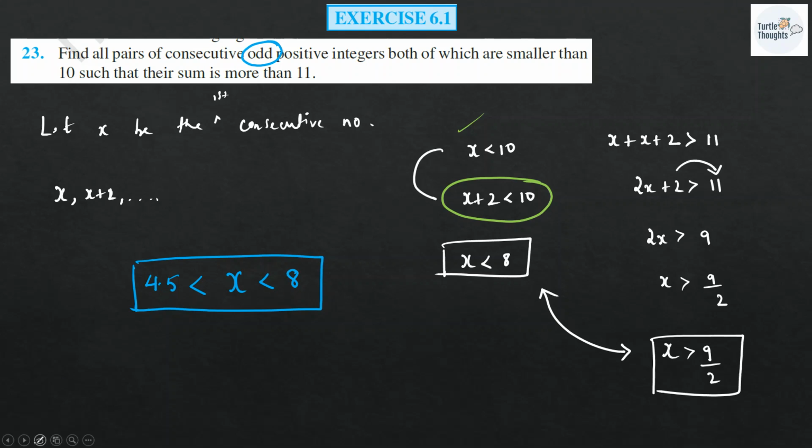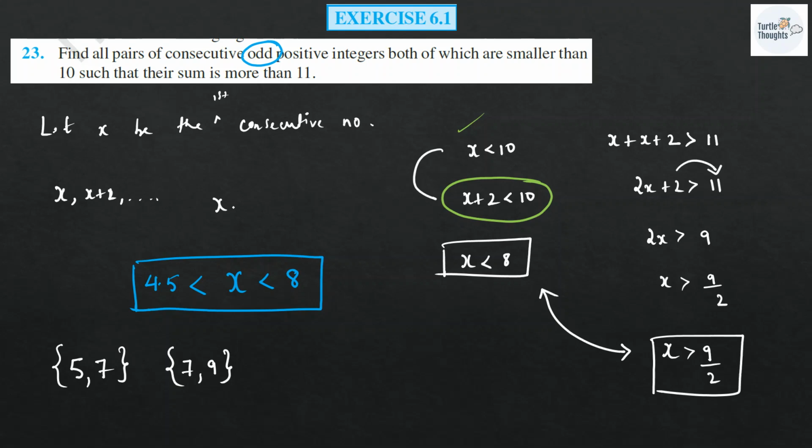So what is the first odd number that you can think of? It is 5. The next consecutive odd number is going to be 7. So 5 and 7 is one of the solution sets. Next number is going to be 7. If I take 7, can I take up 7 and 9? Yes, 7 and 9 are possible here. 9 is going to be greater than 8, but not a problem, right?